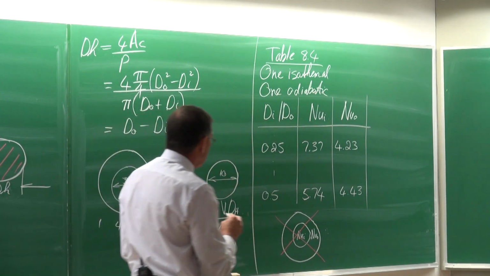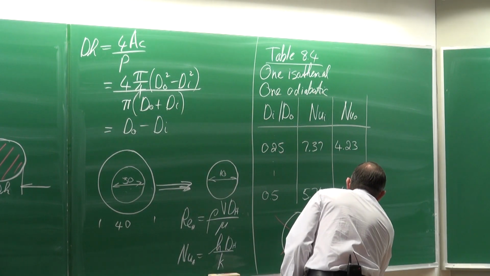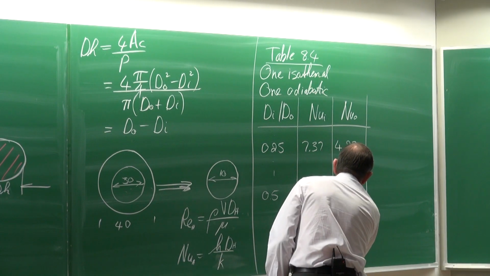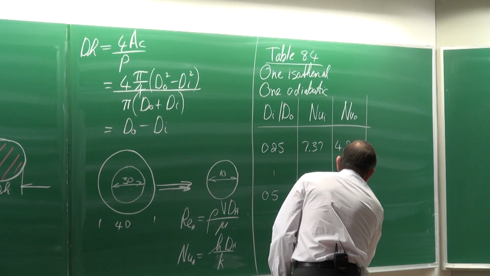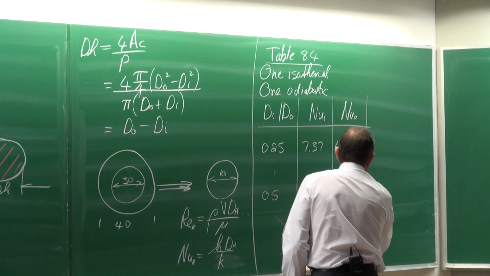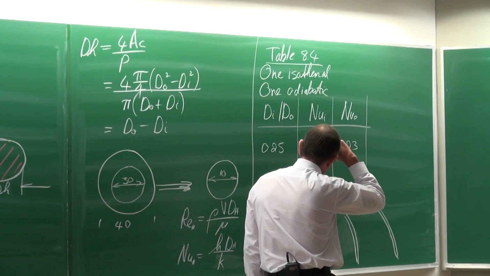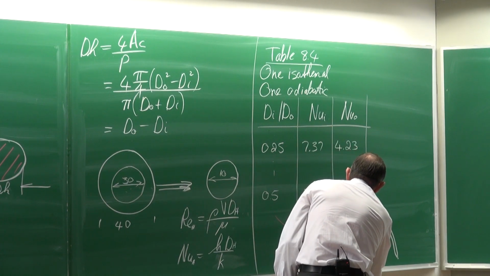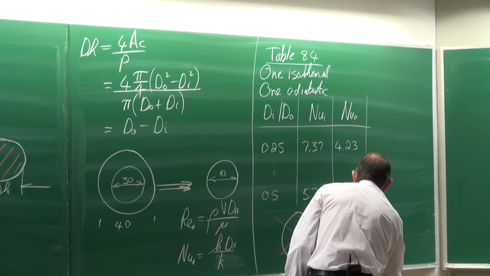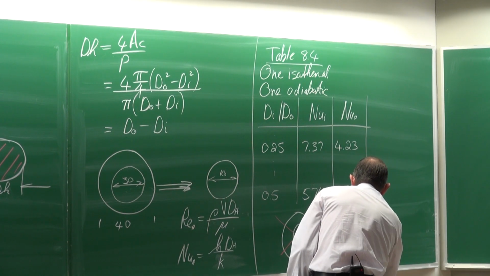What they mean with that is that this is the inner tube and that is the outer tube. Like that. Okay, so there is the inner diameter and there's the outer diameter.